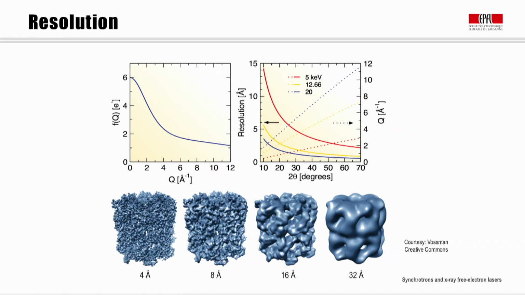Let's assume, for example, that 2θ max is equal to 50 degrees. For photon energies of 5 kiloelectron volts, the red curves on the right-hand side graph, the maximum Q value is a little over 2 reciprocal angstroms, shown here. Equating to a minimum A of approximately 3 angstroms.